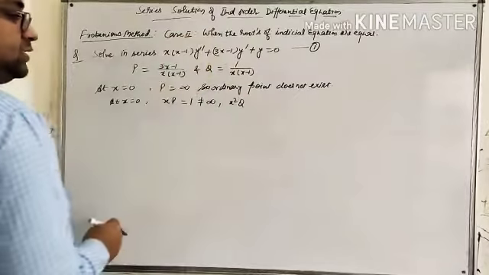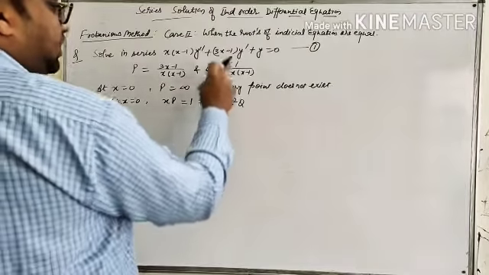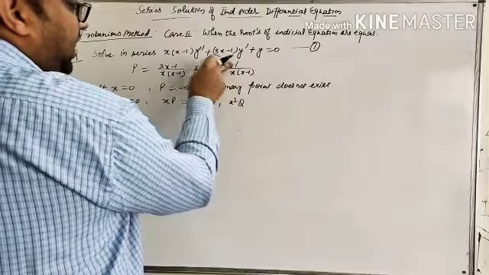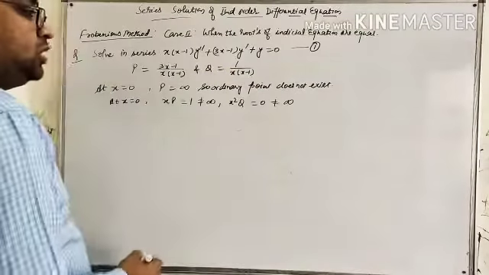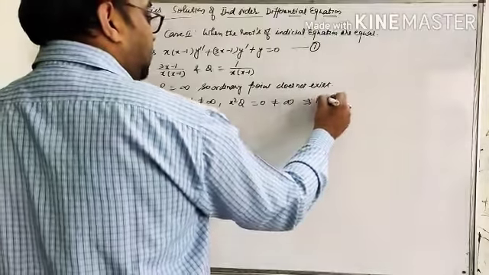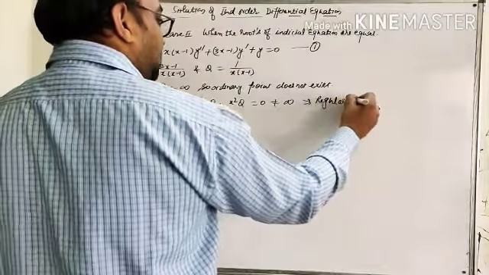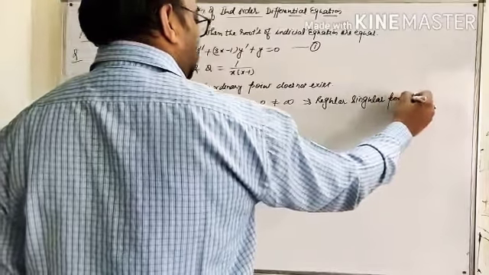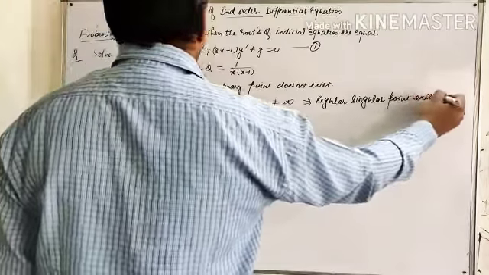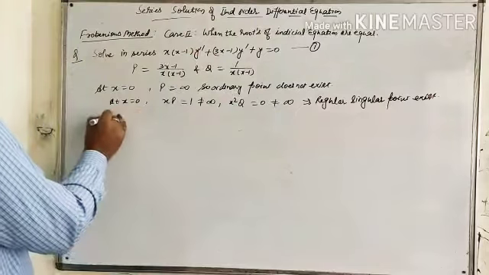Same as x square q: it will convert into x upon (x minus 1), which is equals to 0 and which is also not equals to infinite. So a regular singular point exists.